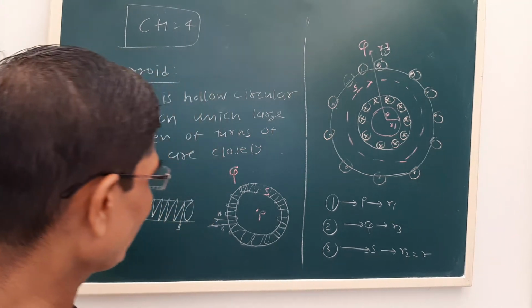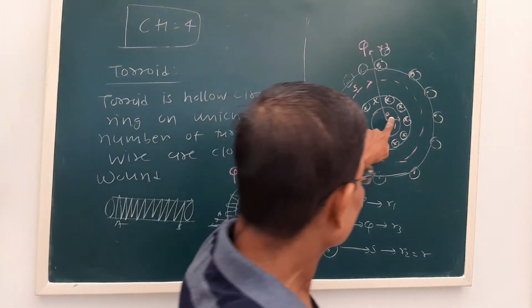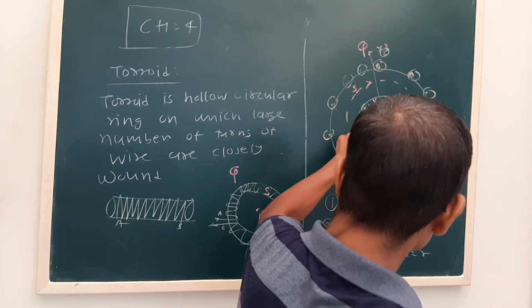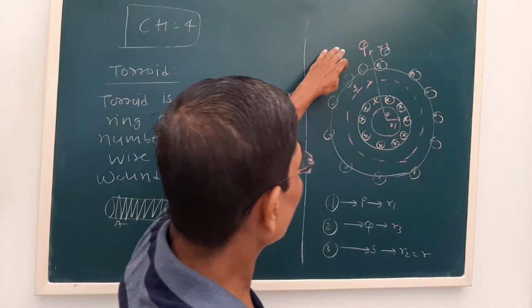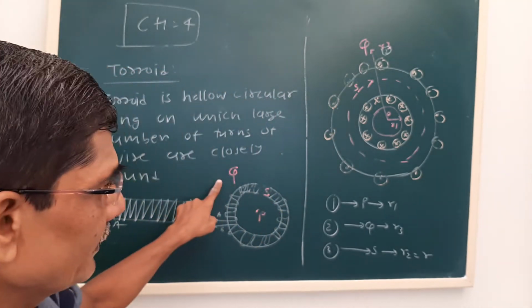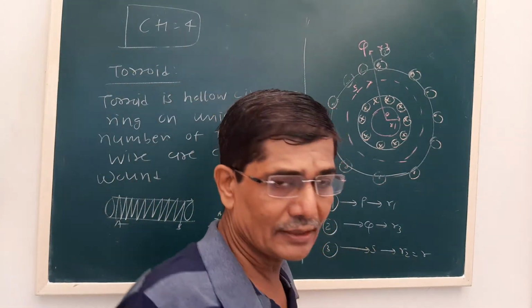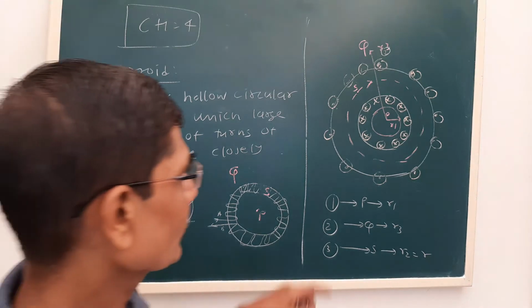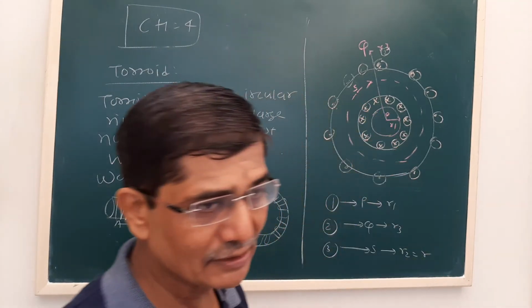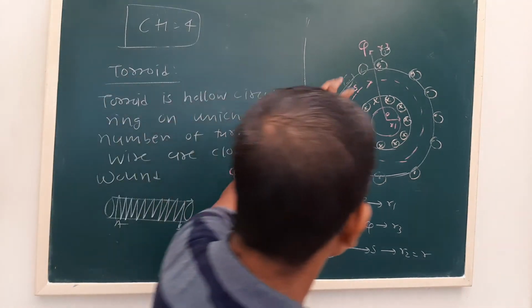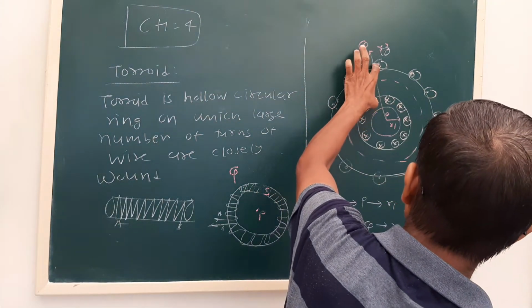Now we consider 3 points. One point P, which has a radius of R1. The point Q, which is outside the toroid. Let us say its radius is R3. And the point S, the uniform magnetic field exists between these 2 points.